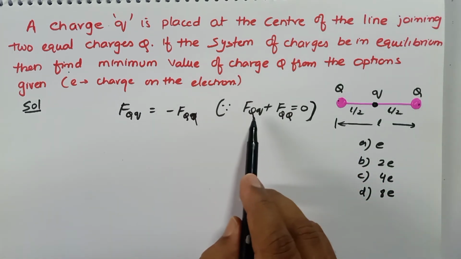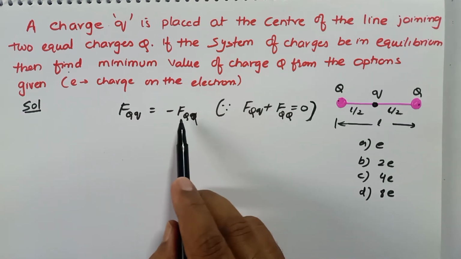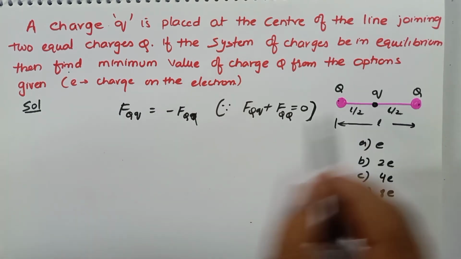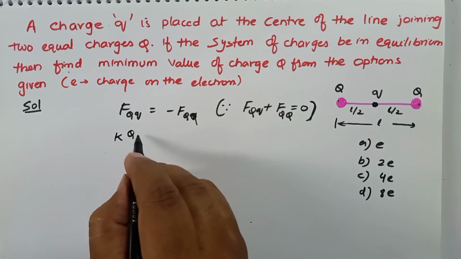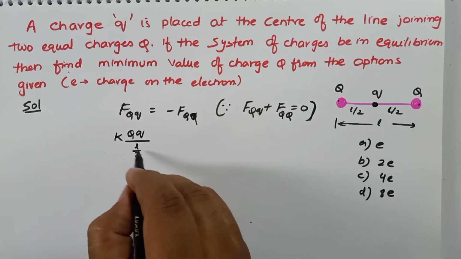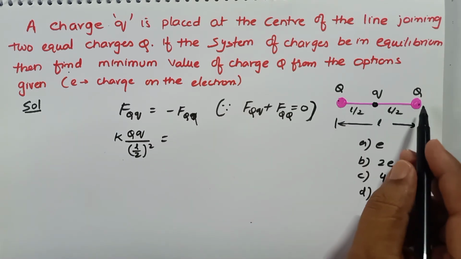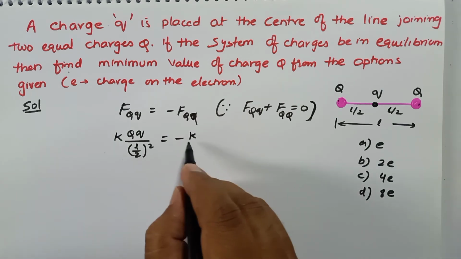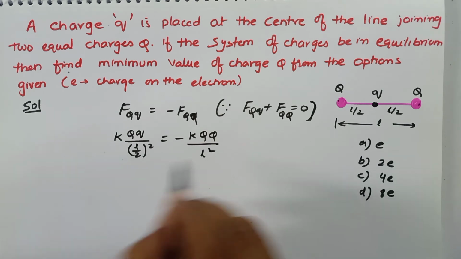So therefore, force between capital Q and small q is equal to minus of force between capital Q and capital Q here. So what are you going to do now? The force between these two is written as K capital Q small q by (L by 2) whole squared here, and the force between these two large charges can be taken as minus K capital Q divided by L squared.